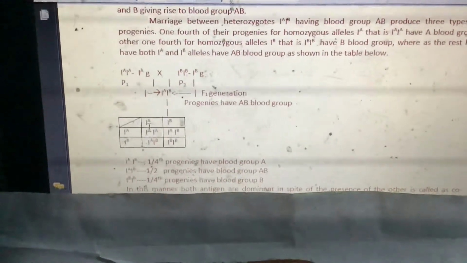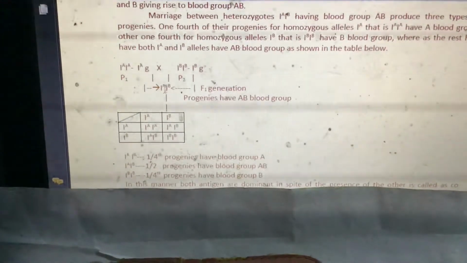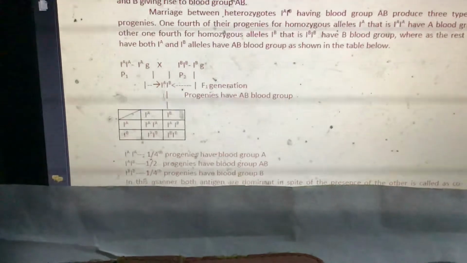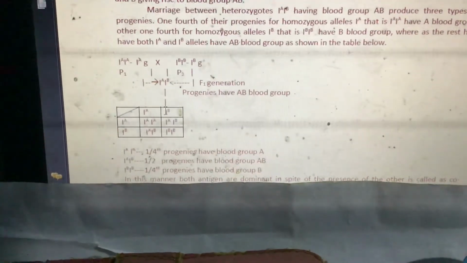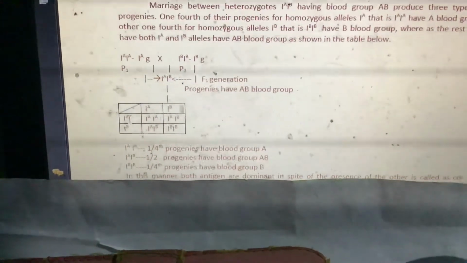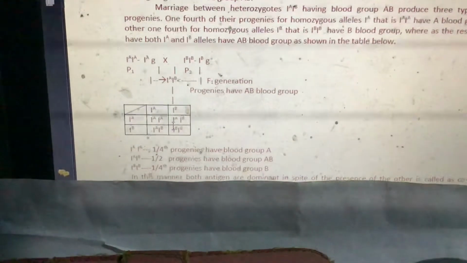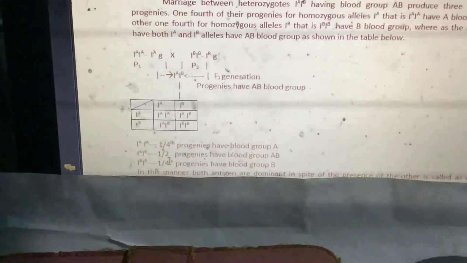Then in the F2 generation, when these F1 progenies are intercrossed with each other, the male produces two types of gametes, I A and I B. Similarly, the female also produces two types of gametes, I A and I B. Among the four types of progeny produced, one quarter have blood group A, one quarter have blood group B, and half have blood group AB.